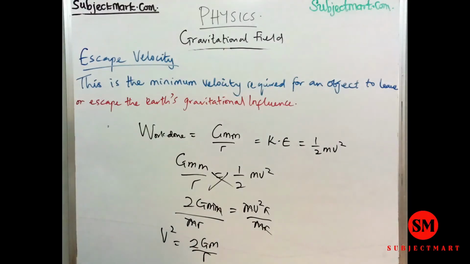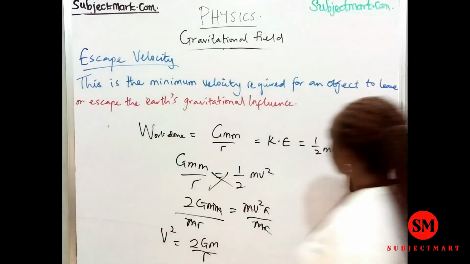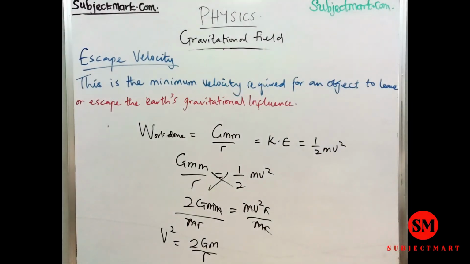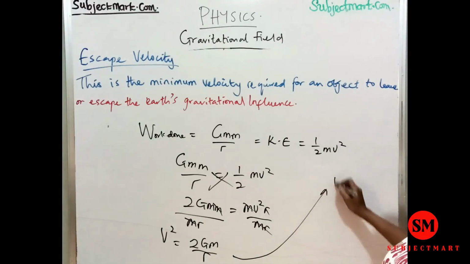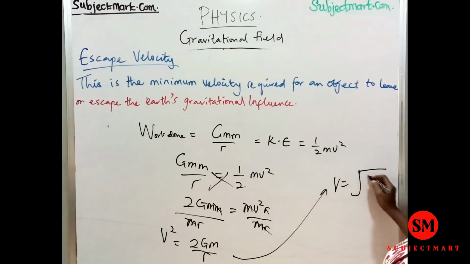So if I take the square root, my v will be square root of 2GM over r. And this gives us the formula for calculating the escape velocity.